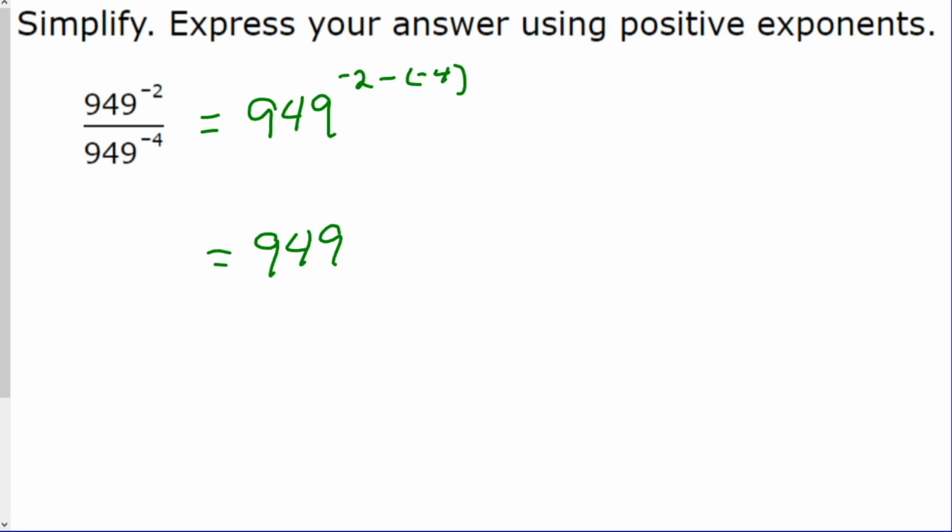Base is not going to change, so I'm going to go ahead and write that down. And it depends on how you were taught this, but if you remember that a negative negative is a positive, you can change those signs. So negative 2 plus 4 is going to be positive 2.